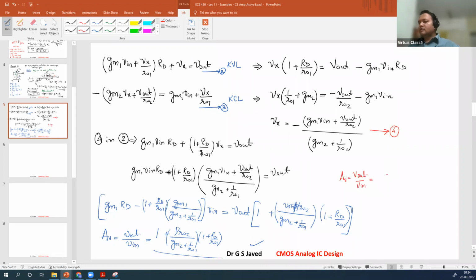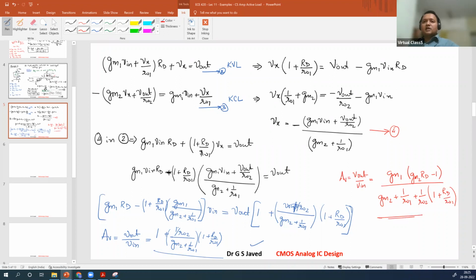That's equal to gm1 times, you see here, this gm1 times gm2 RD minus 1, whole over gm2 plus 1 over RO1 plus 1 over RO2 over 1 plus RD by RO1. So this will be your gain.